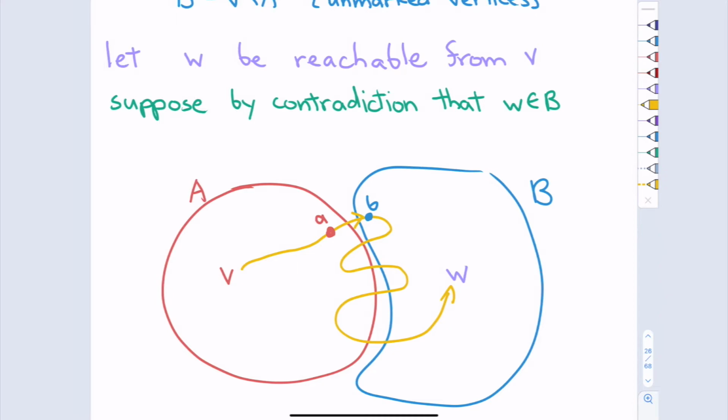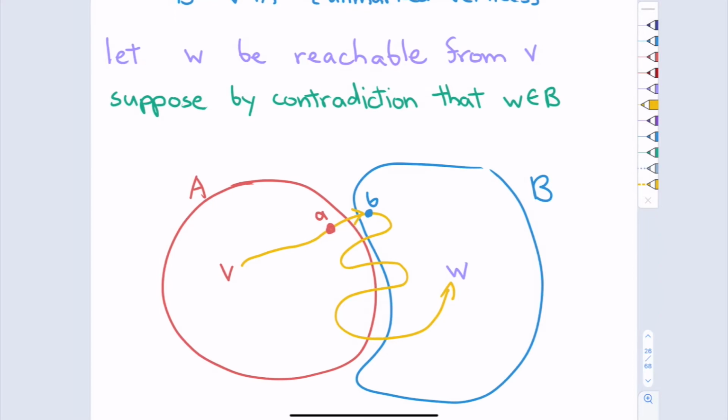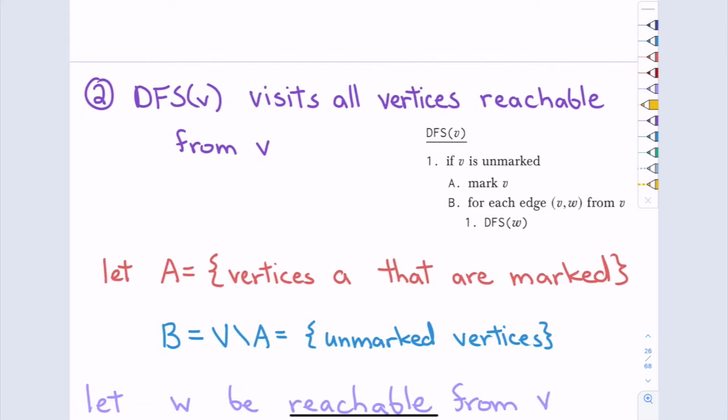Now, as soon as I marked A, right, we put a check mark, we should have started a loop that goes through all the edges leaving A. So at some point, one of these edges should have been AB, right? That path has that edge AB.